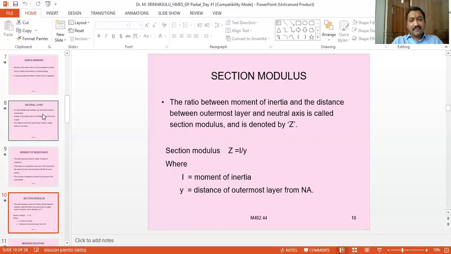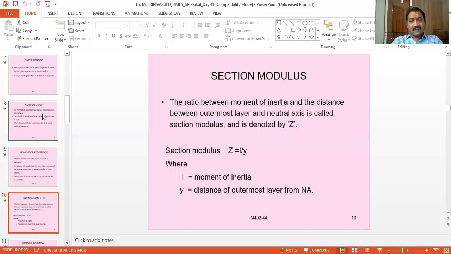So the section modulus is denoted with the letter Z, and the value of Z will depend on the shape of the section, that is, the shape of its cross section.